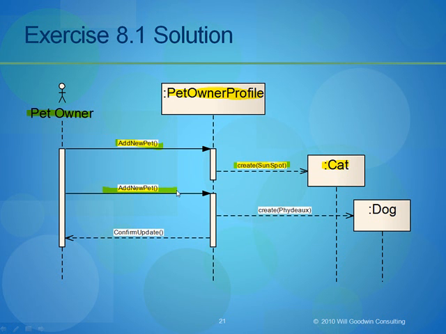And then they say we want to add another pet. We want to create the dog, Fido. So you notice that we've got dog and cat objects created, and a confirm update is sent back to the pet owner to give them assurance that their changes have been actually recognized and implemented.